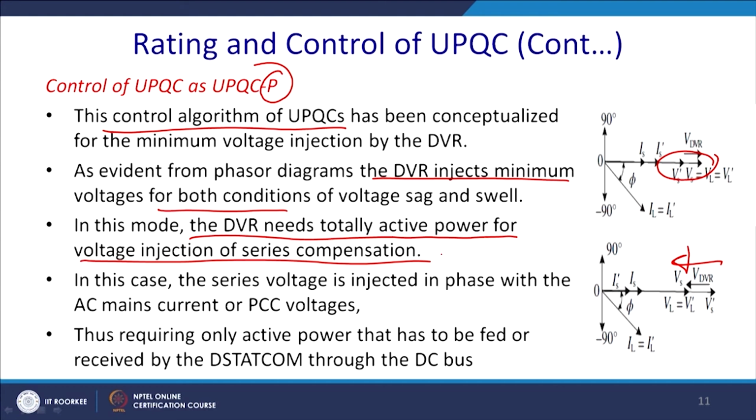In case of the series voltage injected in phase with the AC mains or PCC voltages, thus requiring only the active power that has to be fed or received by the D STATCOM through the DC bus. So, this is the principle of operation of UPQC P.